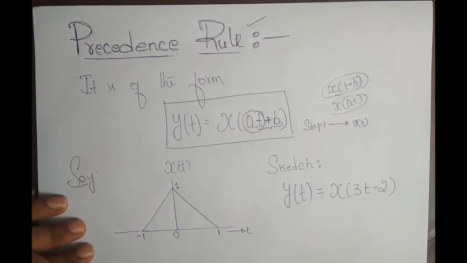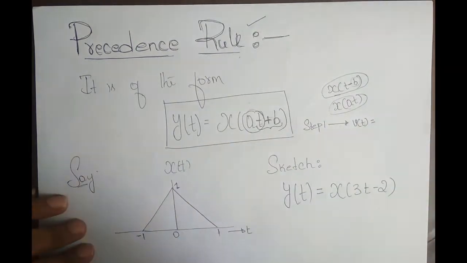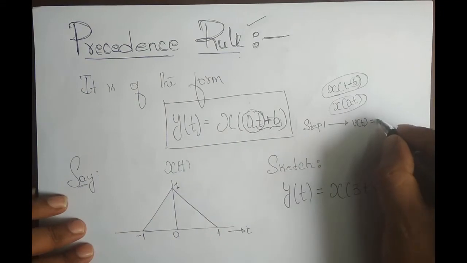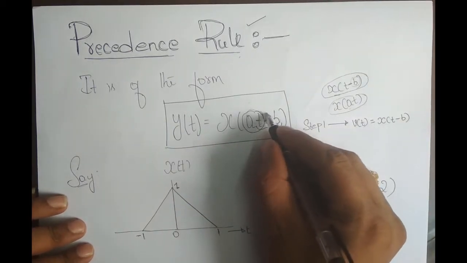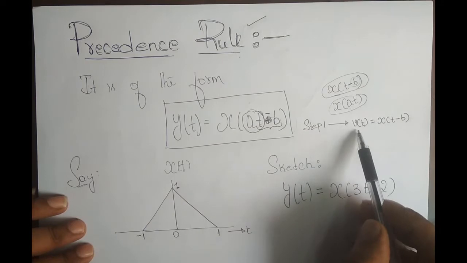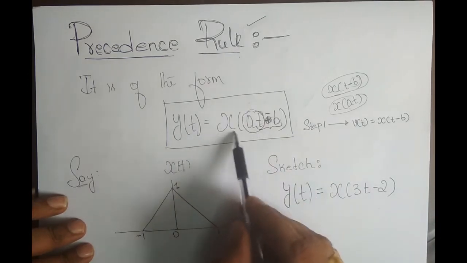Step 1 is to get v of t, which is an intermediate signal, and this signal involves only time shift operation. Which part is the time shift operation here? x of t minus b, right? For time being we'll keep it as minus. So step 1 is to get an intermediate signal v of t, which involves only the shifting operation of the signal x of t.